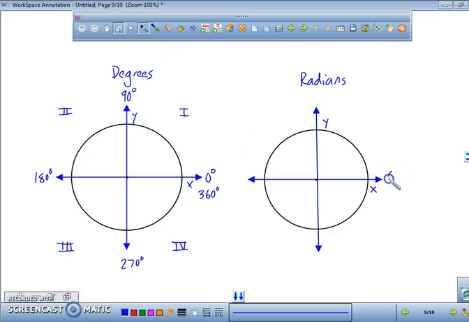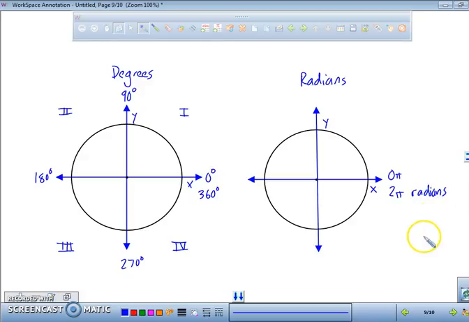So I want you to understand, if we're on the x-axis right here, we're at 0 pi. But if I go all the way around the circle, that's considered to be at 2 pi radians. Okay? So 360 degrees is equal to 2 pi radians, all the way around the circle.